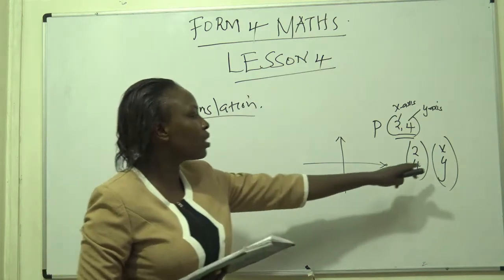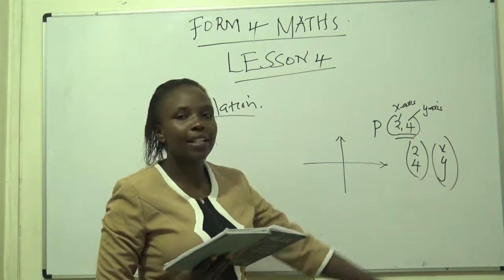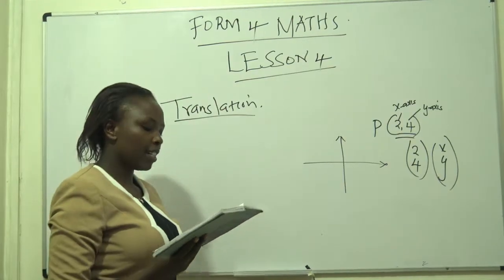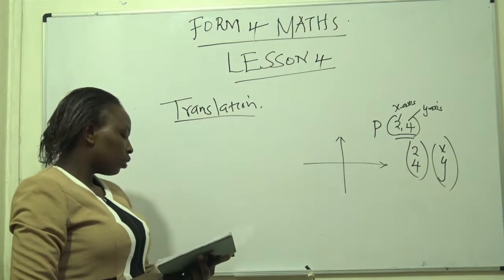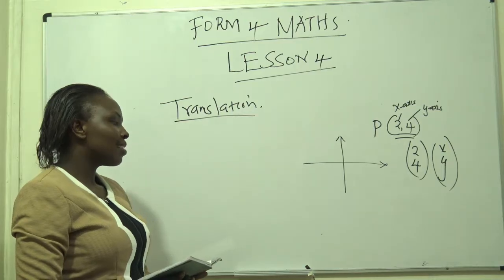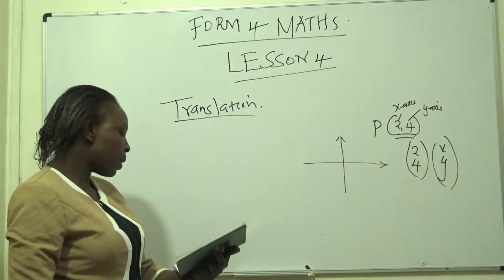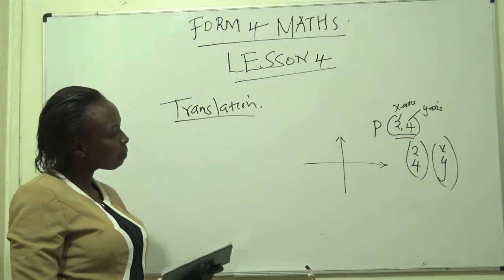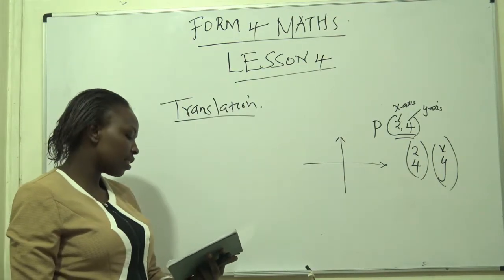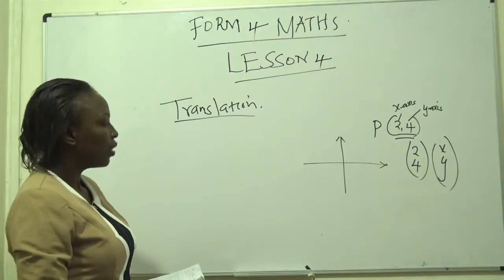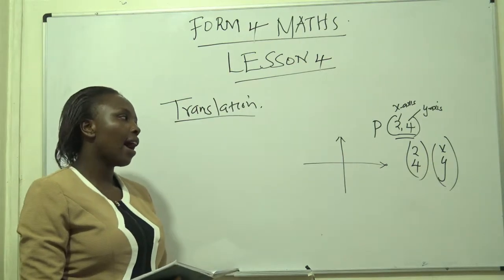This is what we refer to as a column vector. So you note that the x represents a movement of x units parallel to the x axis.